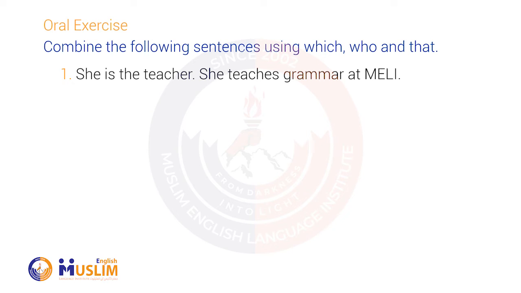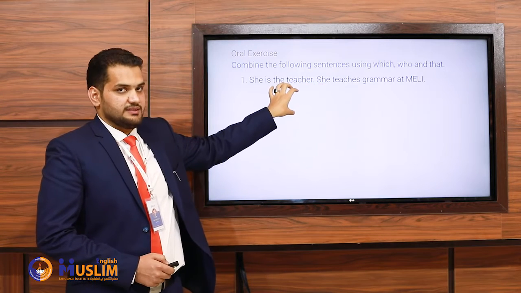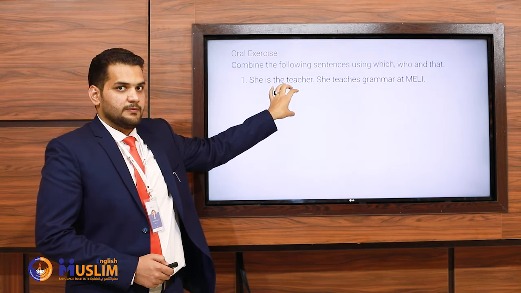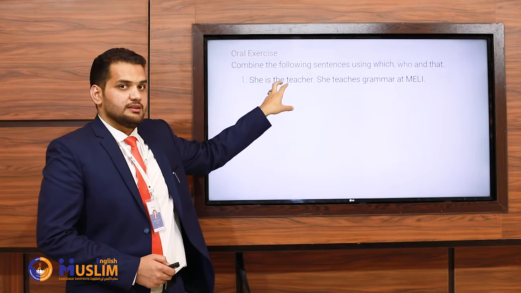Number 1, let's do it together. She is the teacher. She teaches grammar at Melly. Now find that word which has a connection with the first sentence. In simple words, the pronoun. She is talking about the teacher.